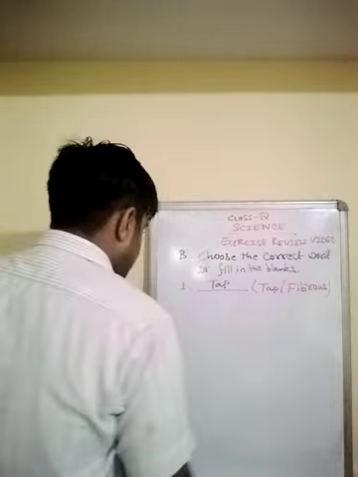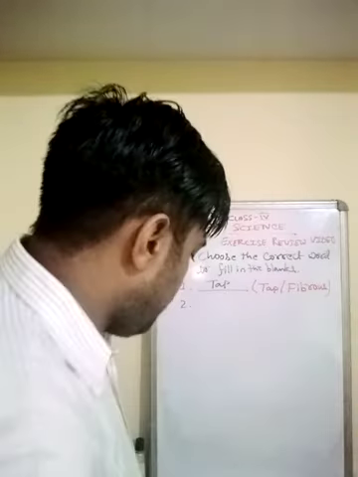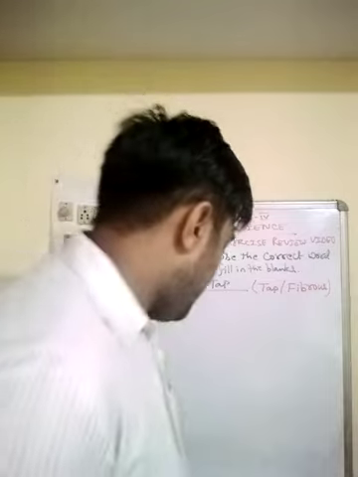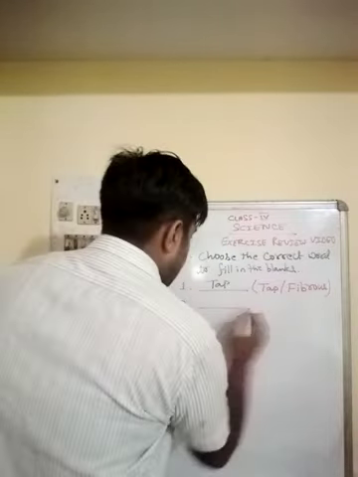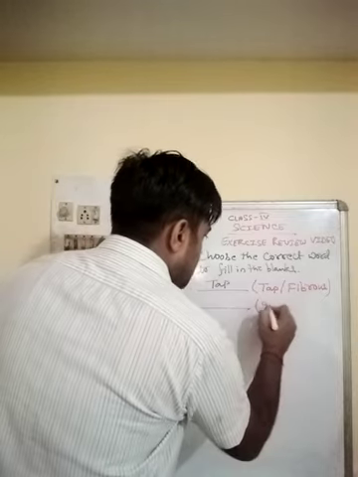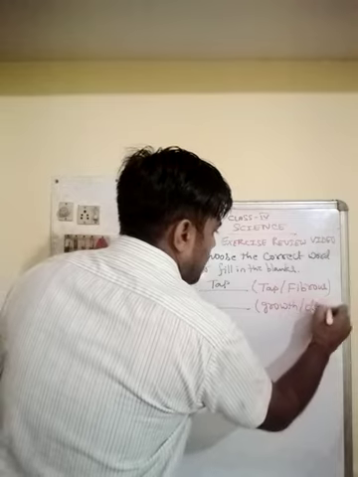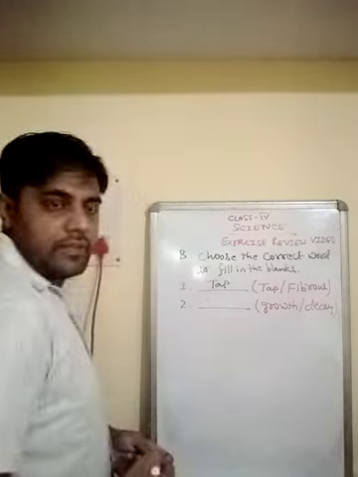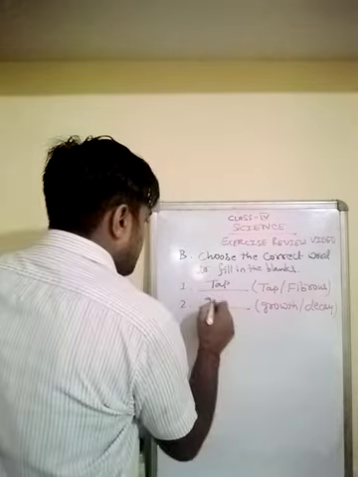Number 2. A plant uses the food prepared by it for its dash, and your options are growth and decay. Your correct answer is growth.